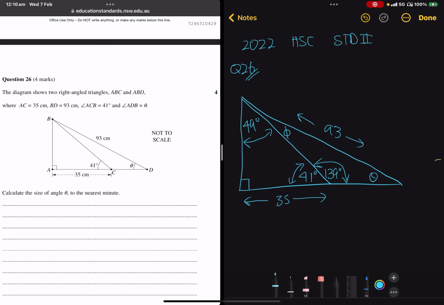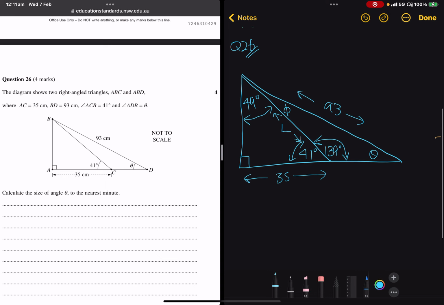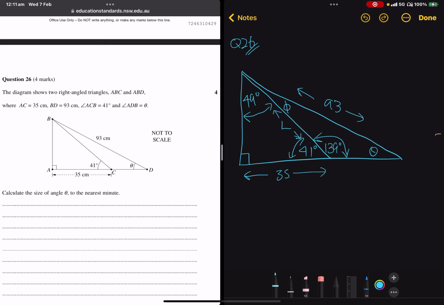Or we could just ignore phi and find this distance along here, which we'll call length L. If we could find length L, we have an angle pair and a side pair, and then we could use sine rule. So instead of trying to find phi, let's try and find length L, which is the hypotenuse of the smaller triangle, and we can do this using trigonometry.